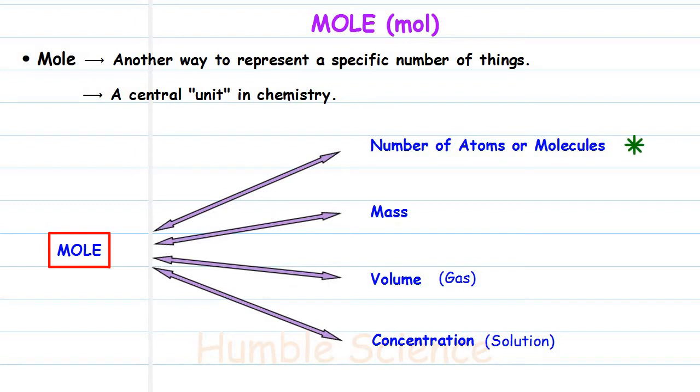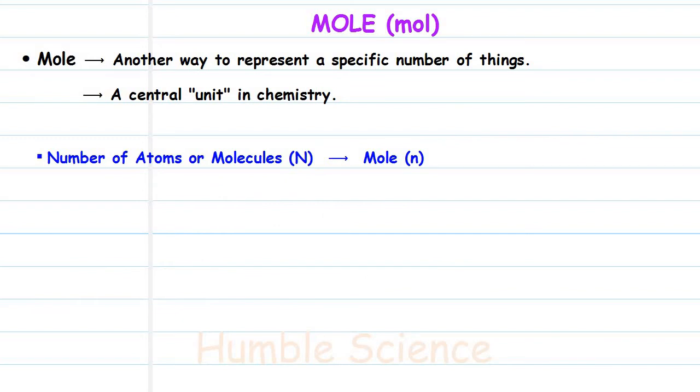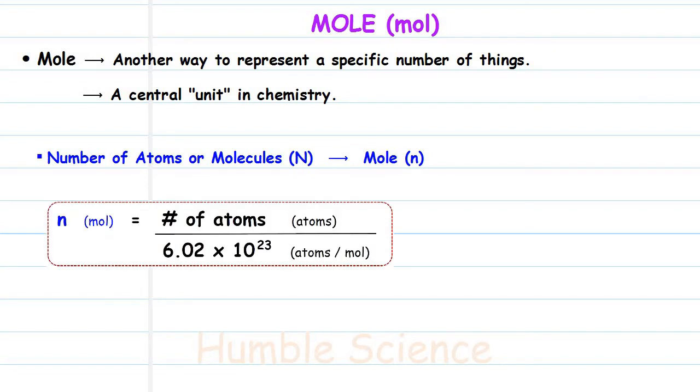Let's focus first on the number of atoms or molecules. In order to convert between number of atoms or molecules and mole, we can use this conversion. If we are dealing with atoms, mole will be equal to the number of atoms divided by 6.02 times 10 to the 23rd.